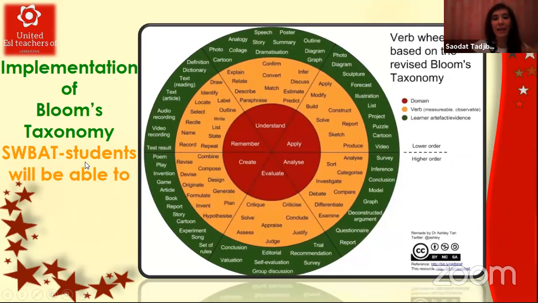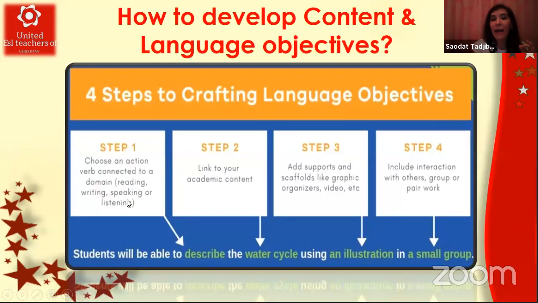So your language objective will be: students will be able to read the text about global warming in groups. You see, I have chosen read from our Bloom's taxonomy, and then I added the content, global warming, and then I added what they will use, a text, right?